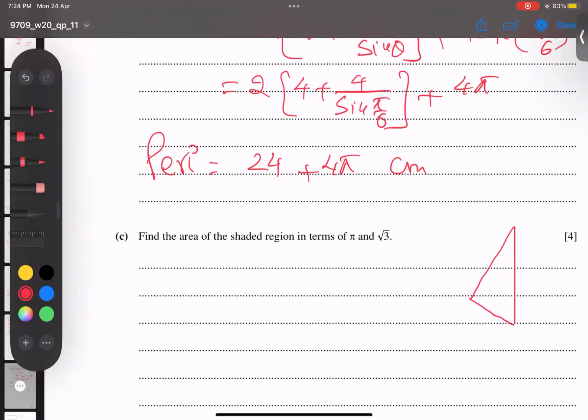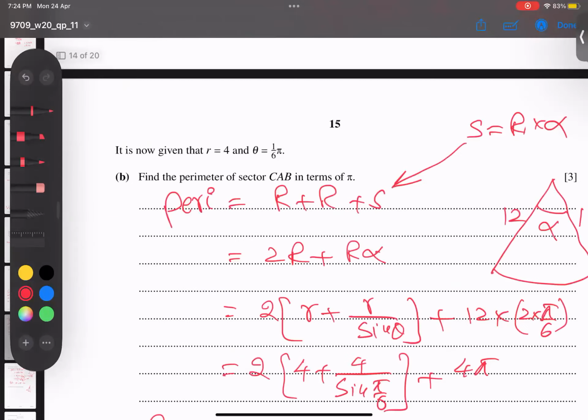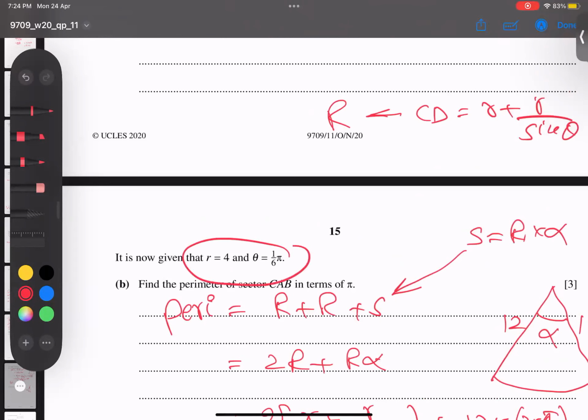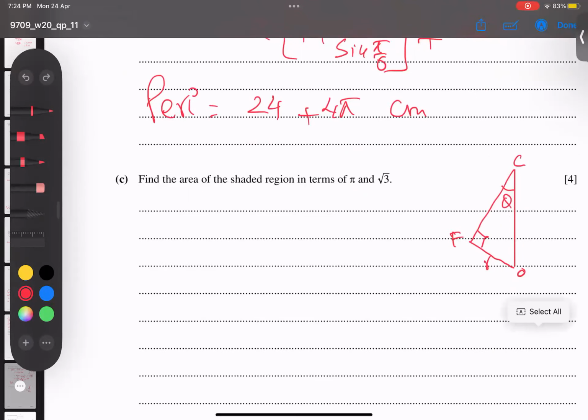CFO. This is theta. This is a radius. This is 90 degrees, and I have to find it. Let me check CFO. Correct, CFO, and this is theta. So using this data, what am I looking for? One minute, please. This R is 4 and theta is pi by 6. So I'm looking for FC.